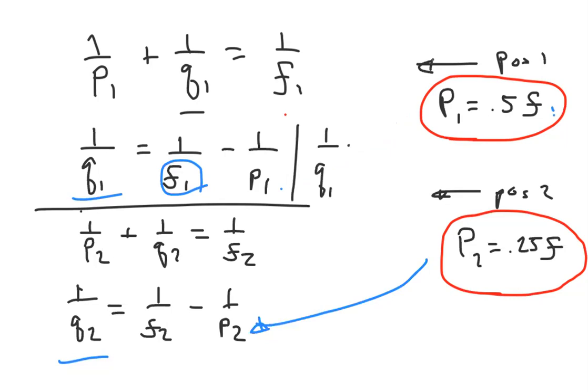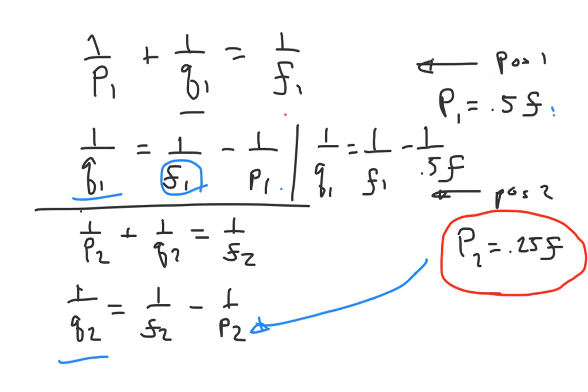So 1 over F1, and this is going to be minus 1 over 0.5F, right? So now we're going to get an answer for Q1 in terms of F, but at least we can get an answer for Q. Does that make sense?